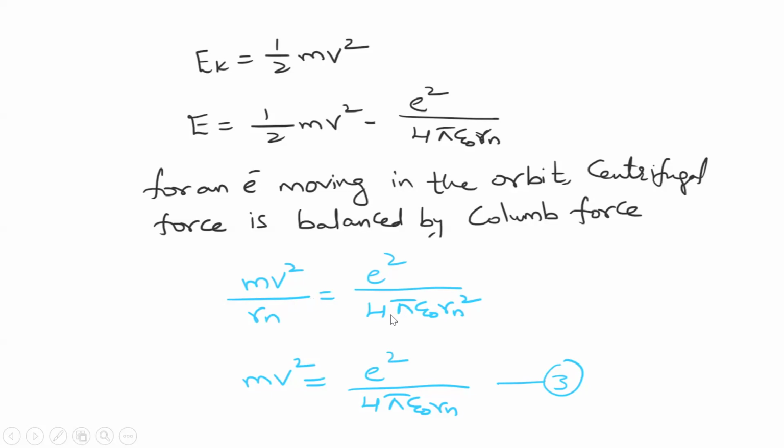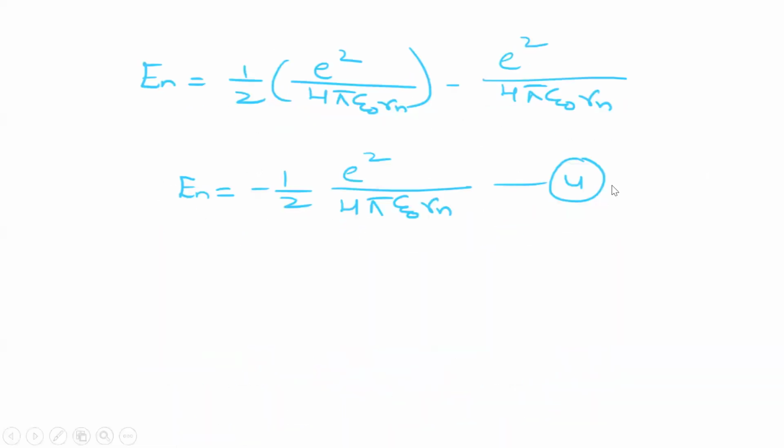So their magnitudes are equal. Now from here we get mv square equal to e square by 4 pi epsilon Rn, as one Rn cancels. This is the third equation.